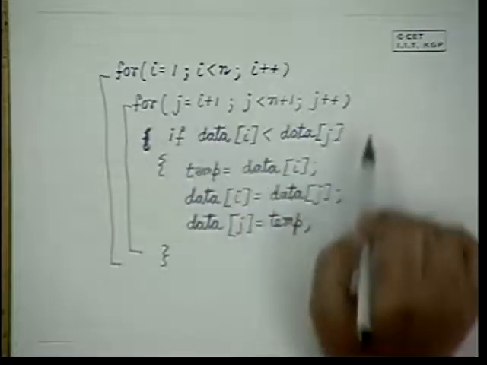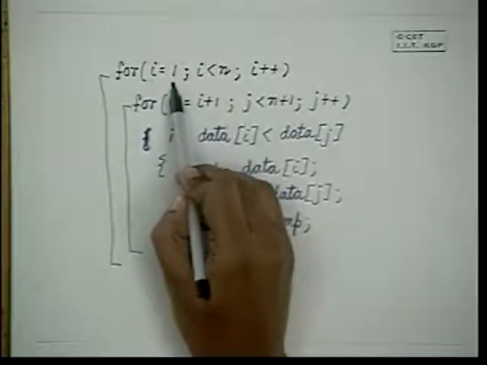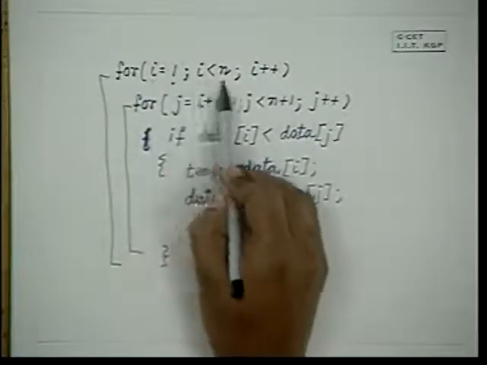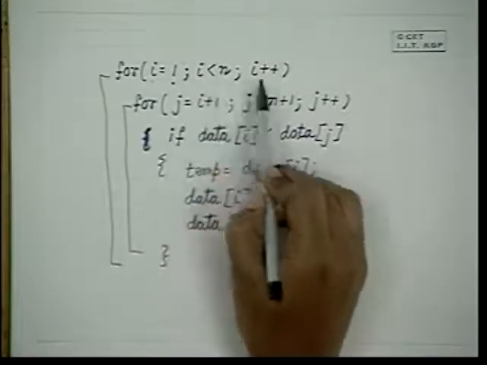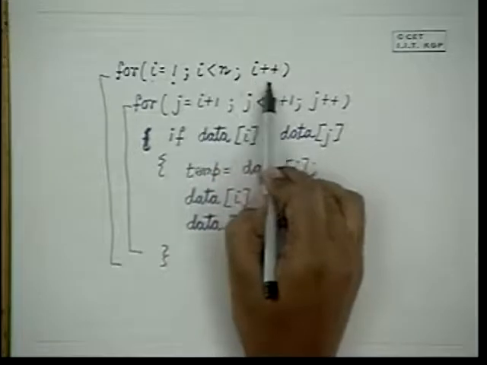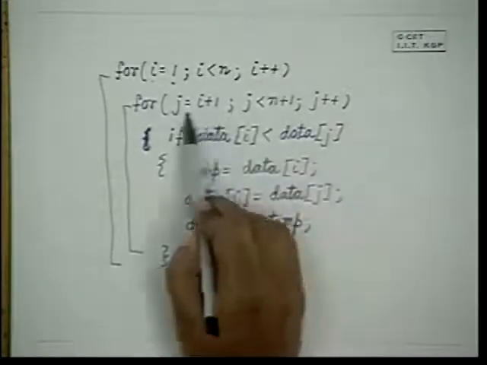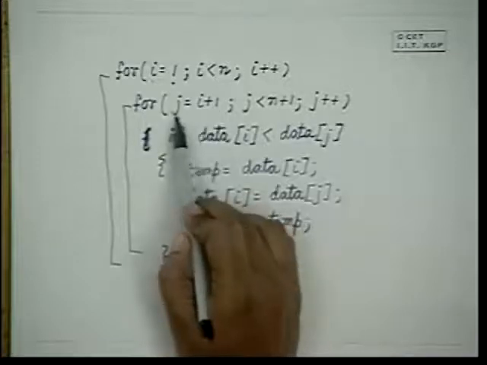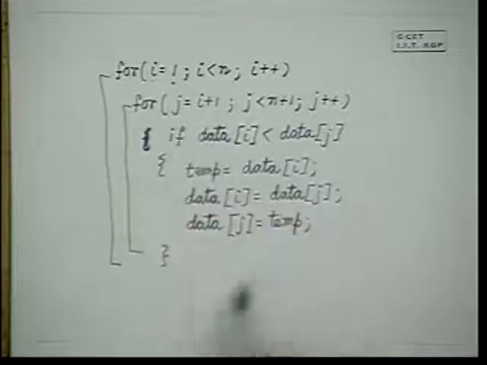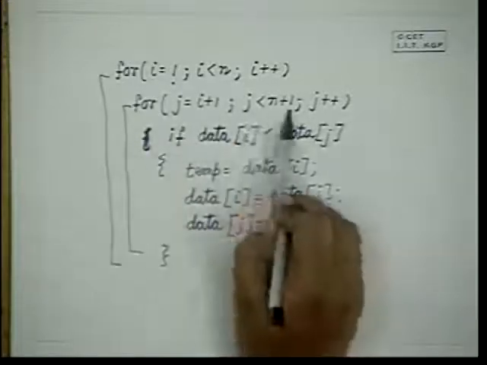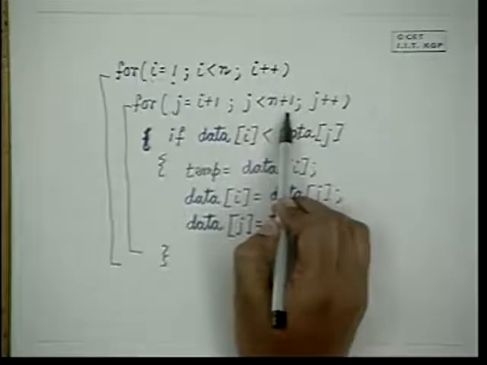So if you make a quick analysis, this part will be executed once, this n times, and this, being in a loop, will be executed n into n minus 1, whatever.